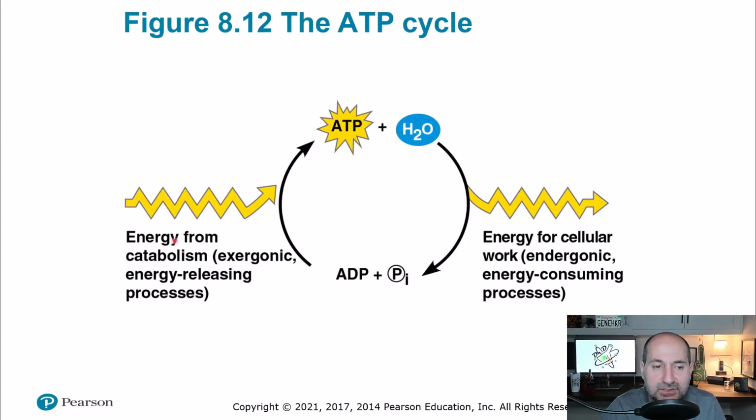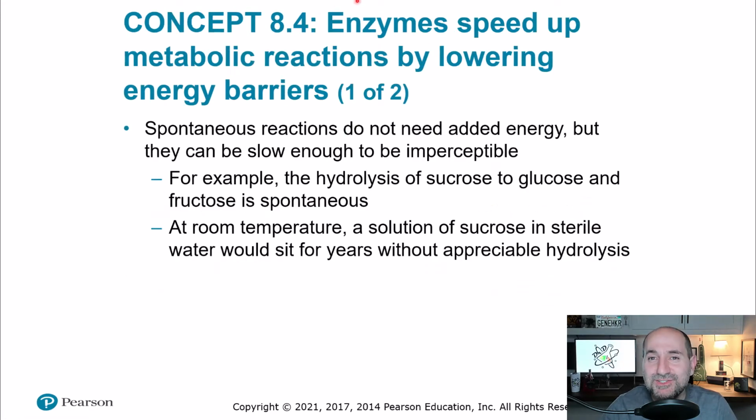And this is energy from catabolism that drives this process. Catabolism drives ATP production. Anabolism drives ATP breakdown. So now let's introduce this concept of enzymes and how enzymes speed up metabolic reactions.